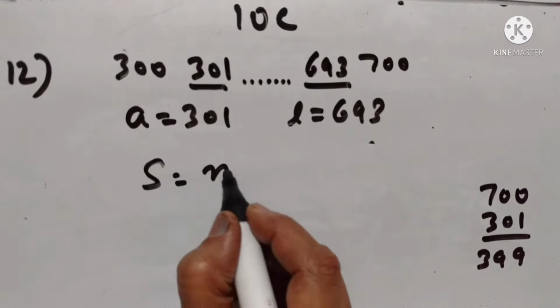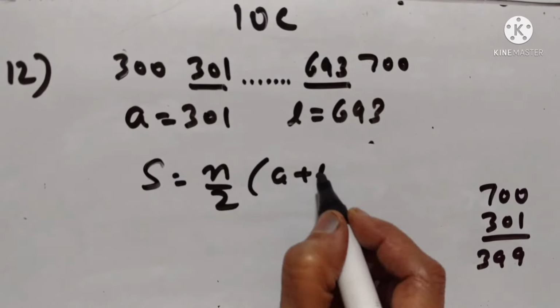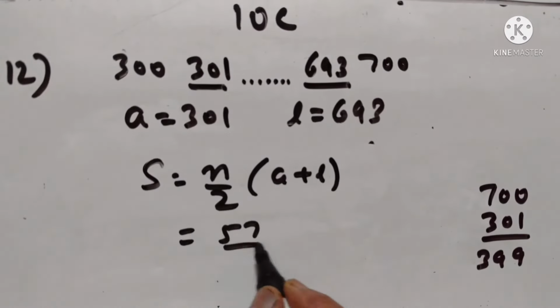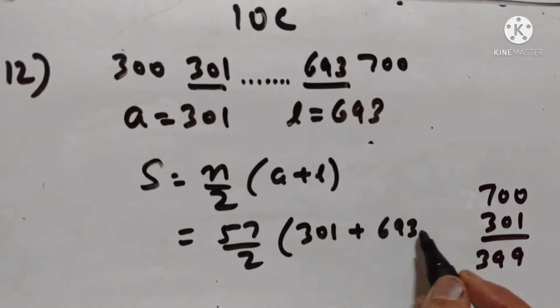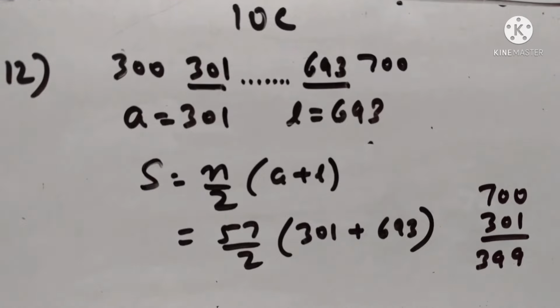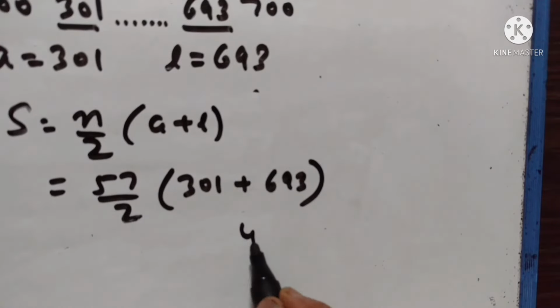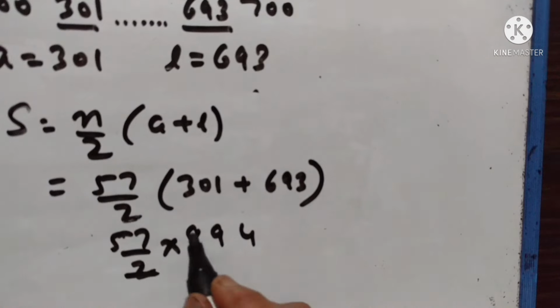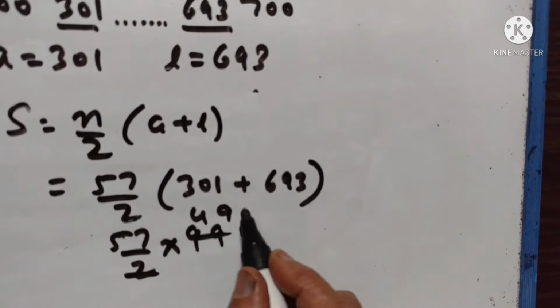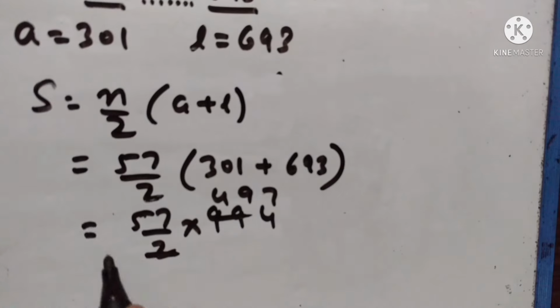Sum is equal to n upon 2 into A plus L. 57 upon 2 into A, which is 301, plus L, which is 693. This is equal to 994. Half of it is 497. So 57 into 497.